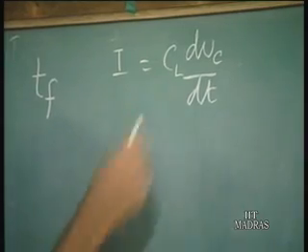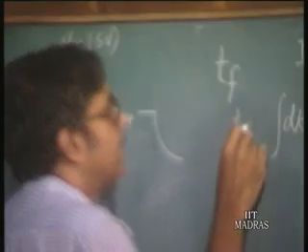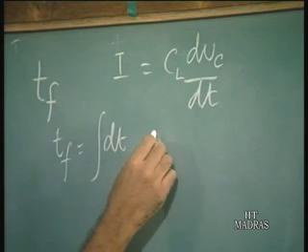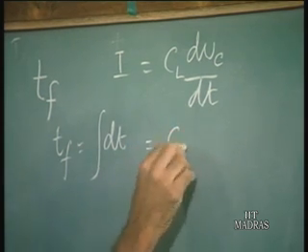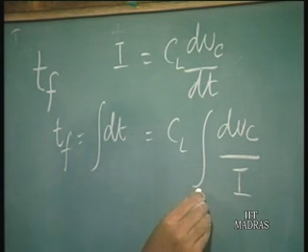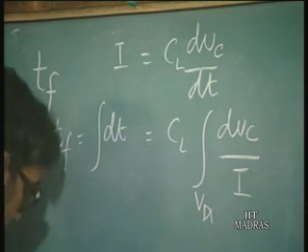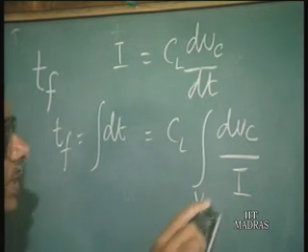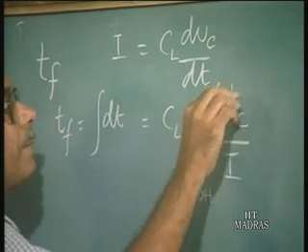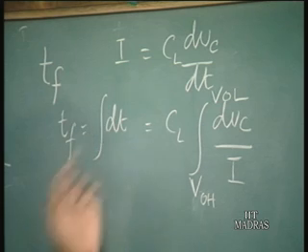So, we can write TF is equal to the integral of dt, which is equal to CL dVc by I, with the output falling from VOH, say output high, whatever the output voltage is initially, to somewhere VOL, the low voltage. So, this is the fall time.